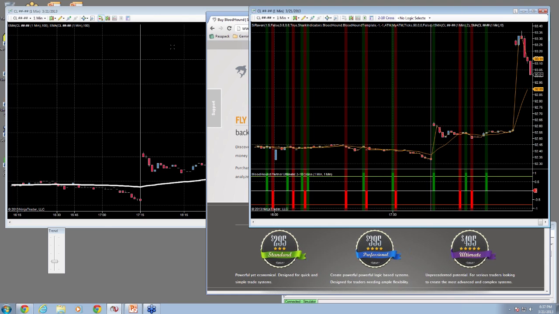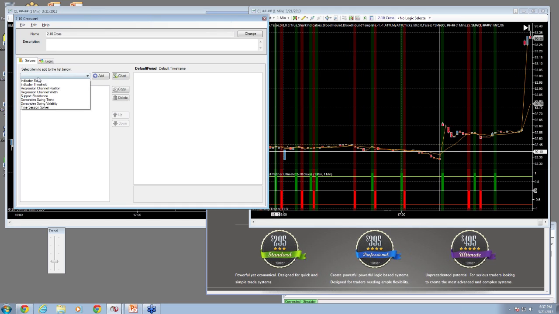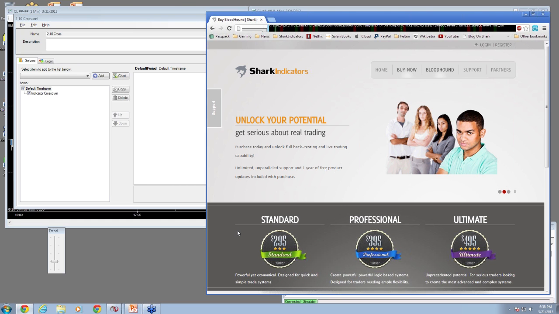My mouse is jumping around quite a lot here. That's a bit of a problem, but you'd be working in this screen primarily right here, where you have criteria that you can select and just add them, boom, boom, boom, down the line, and that's what the standard version entails.